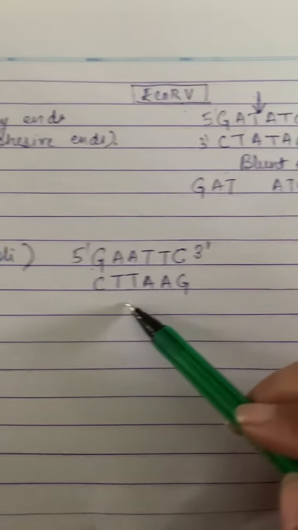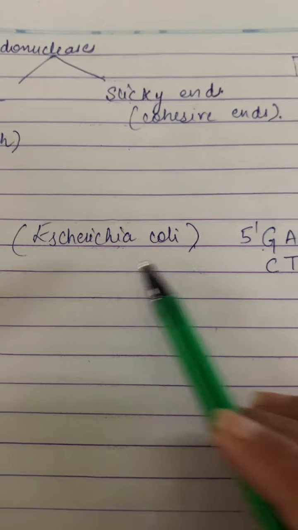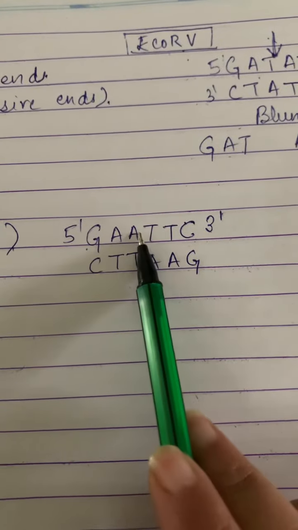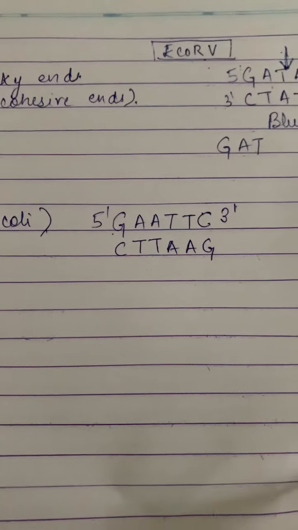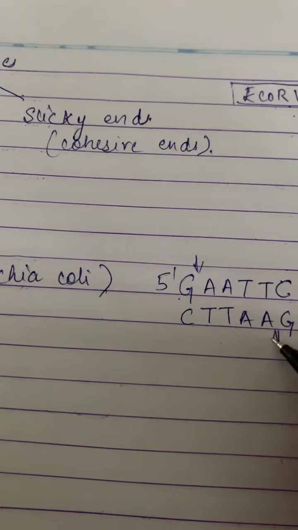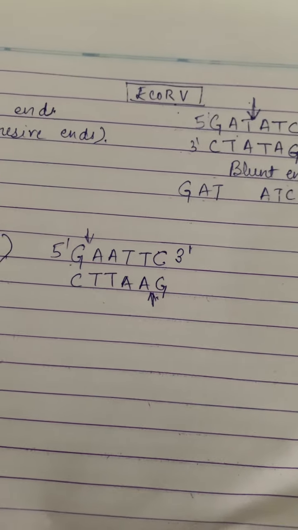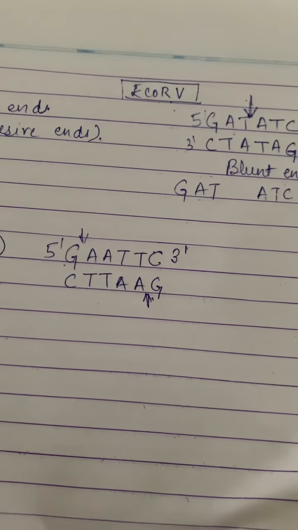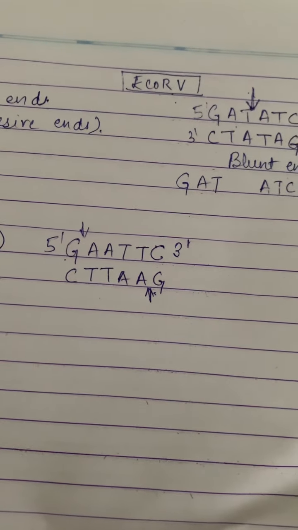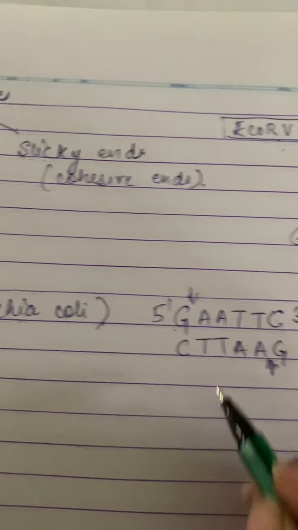The second case is EcoR1. This enzyme has also been isolated from E. coli, and its recognition sequence is GAATTC. Now this enzyme makes cuts from the sides. It cleaves this recognition sequence from the sides, and produces short single stranded hanging structures, and these structures are called sticky ends.